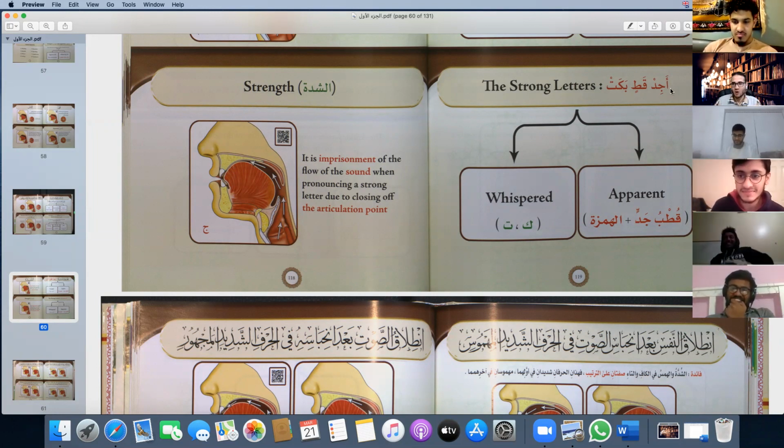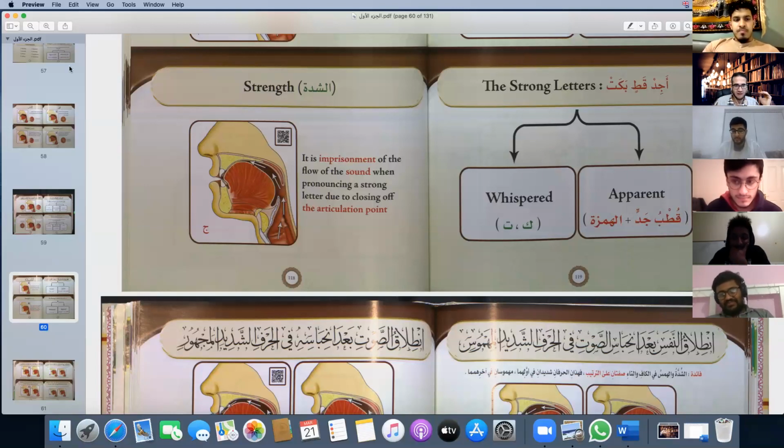Okay. With ajid qatin bakat, all those letters, I release them after the first part. So with jim, I release it like that: ad, ad, ad. How do I release the dal? Ad.